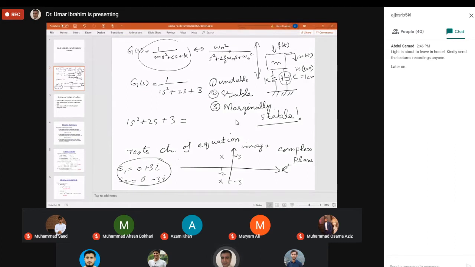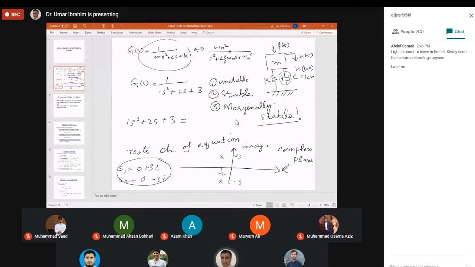If its response neither decays nor grows as time t approaches infinity for a finite input, then the system is marginally stable. Okay? Now, this is when you have the physical system.